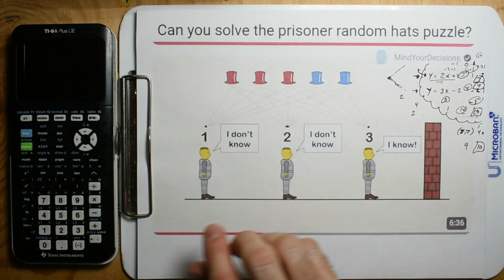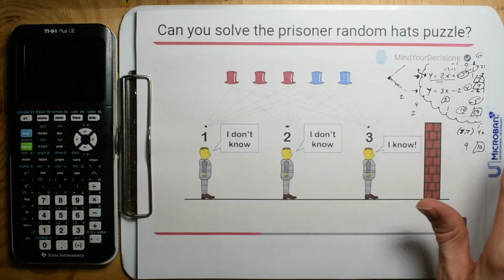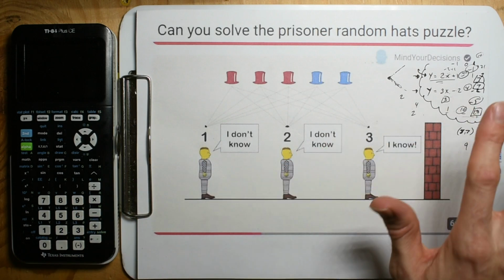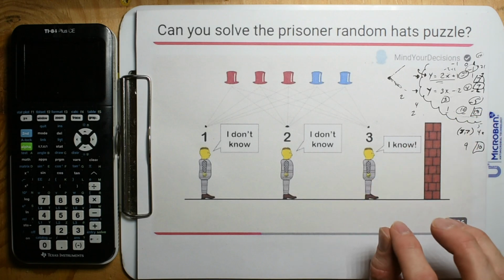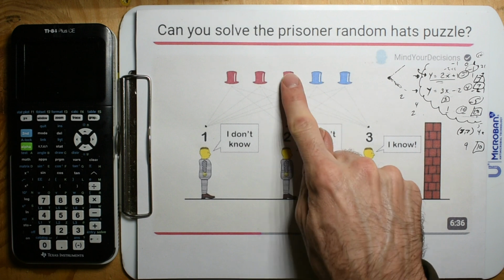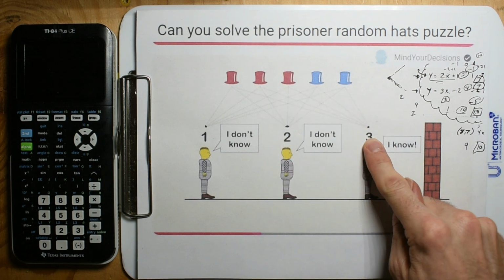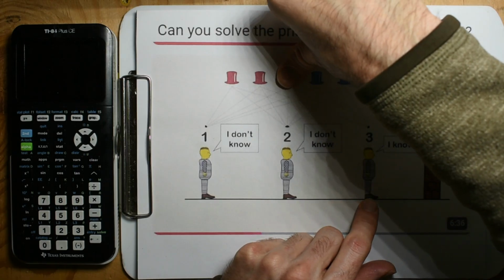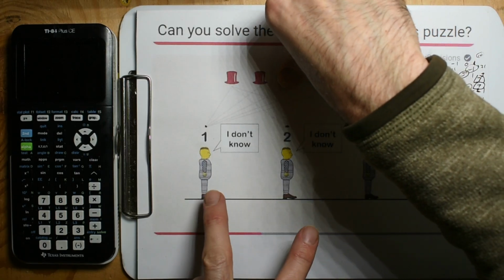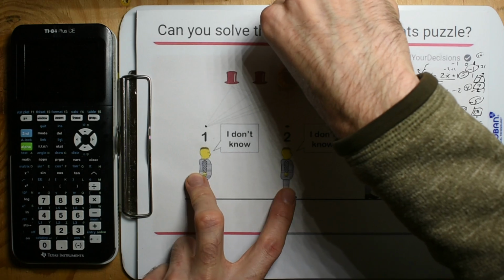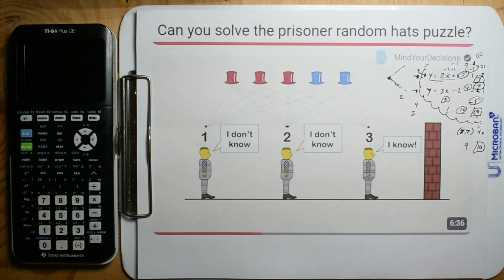Prisoner 3 would say, flat out, I have no idea. I have no shred of logic. It would be a 50-50 guess. But at that point, prisoner 3 would have the piece of knowledge that his hat's red. So prisoner 3 could say there's a 50-50 chance that prisoner 1 and 2 have a blue or a red hat. Alright, so thanks for joining me on this one, and that's a video.